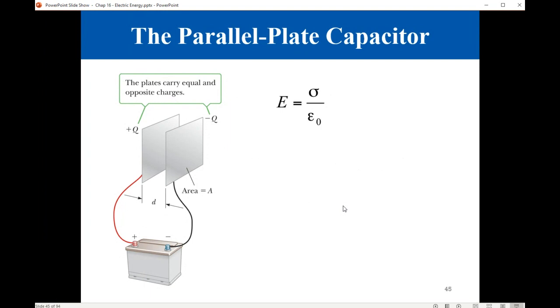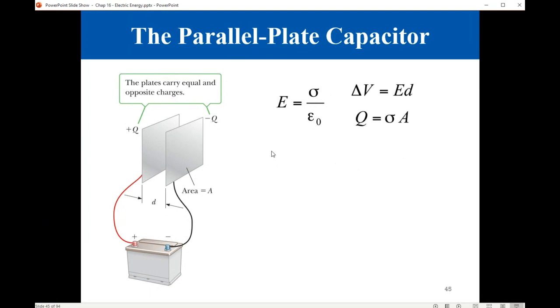The electric field between them can be calculated as we did last chapter using Gauss law. Between the two plates, the field is sigma divided by epsilon naught. Sigma is the charge density, Q divided by A, that is the surface charge density.